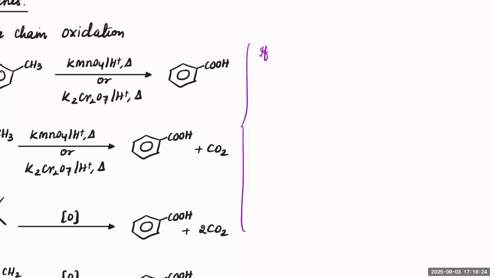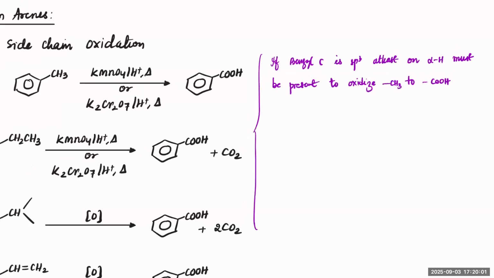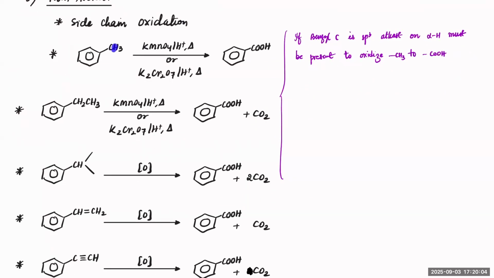If benzyl carbon is sp3, at least one alpha hydrogen must be present to oxidize CH3 to COOH group. Okay.